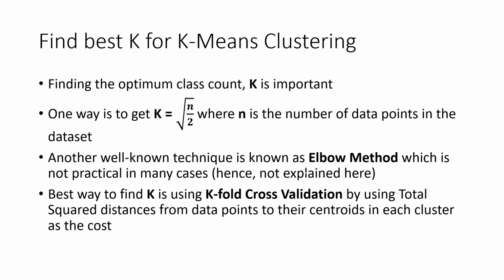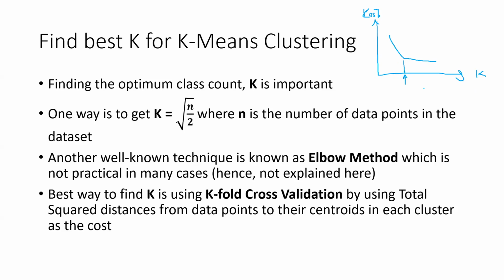The other way is to change the value of k, change the value of k like this, and you can find the cost. So this elbow method says that if the cost is reducing like this, and at a certain point the cost is reducing more slowly, it is like an elbow where you take this point as the optimum k value.